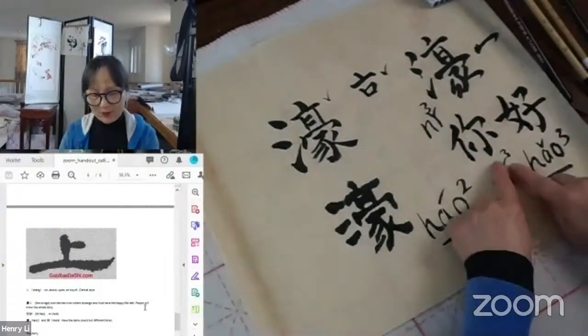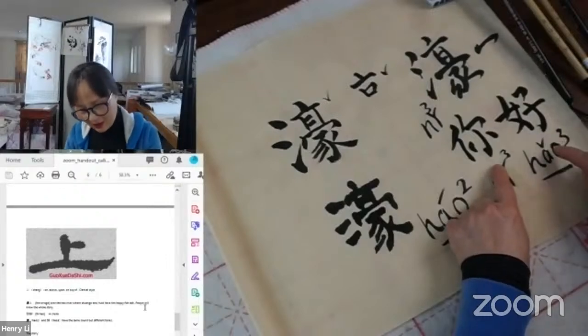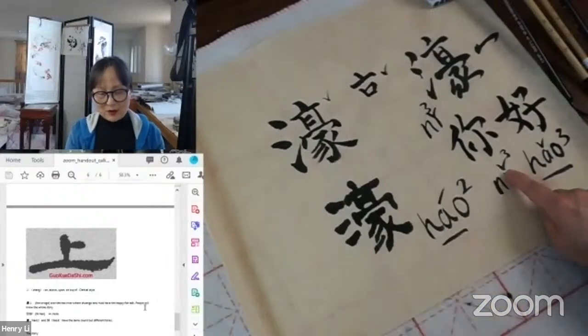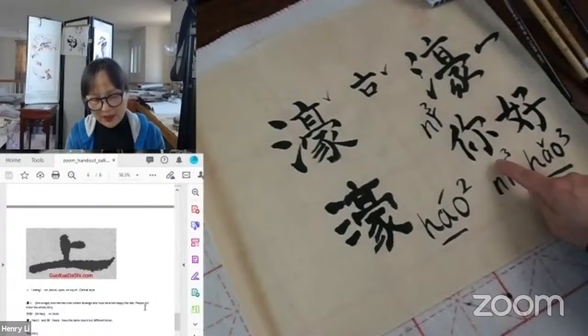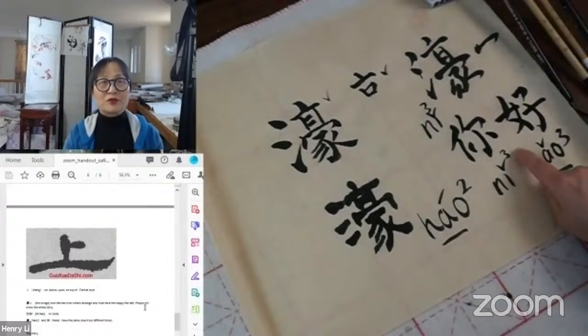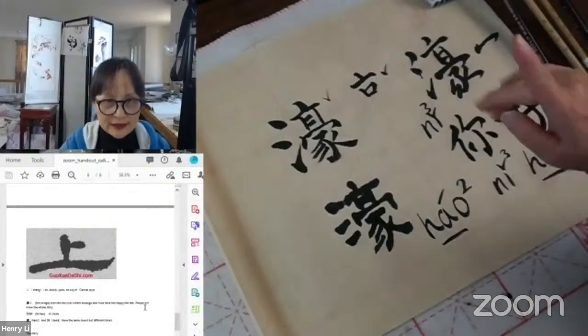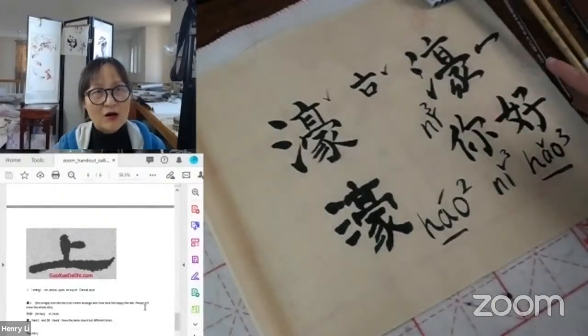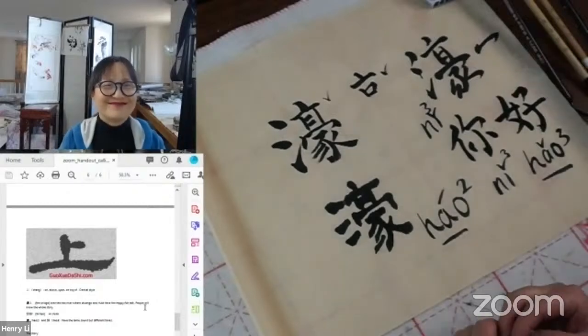So when two third tones are together, the first one, instead of a big turn, is a very small turn and sounds like it goes directly up. Instead of 你好, it's mostly like 你好.